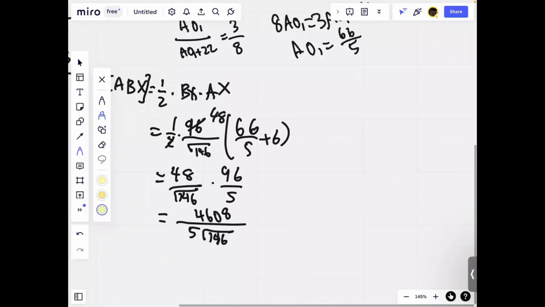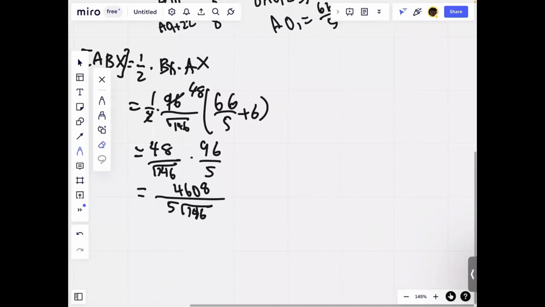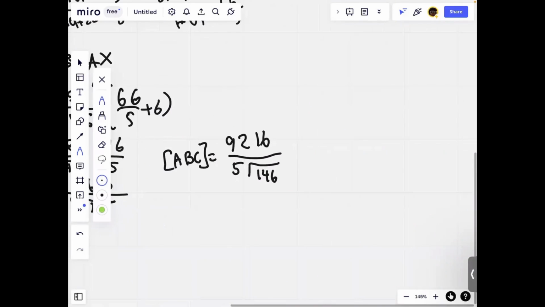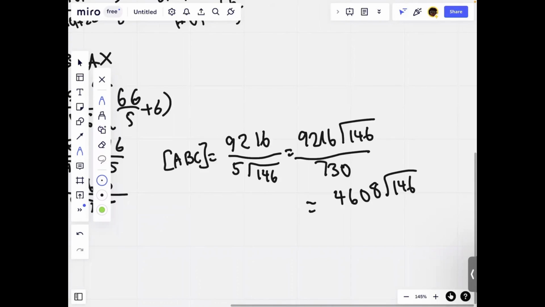So then since the area of ABX is this, we know that the area of ABC is equal to 9216 over 5 square root 146, and this is equal to 9216 square root 146 over 730, and this is equal to 4608 square root 146 over 365. That's the answer.